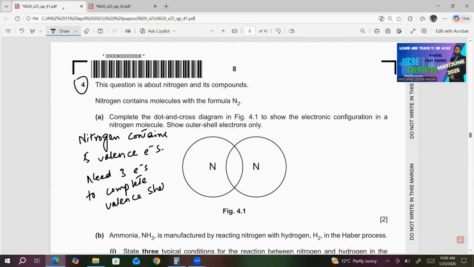So these both will share 3 of their valence electrons with each other. Remember, you have to show all the valence electrons. For the nitrogen atom on the right hand side, I'm using crosses, 1, 2, 3, 4, 5. For the nitrogen on the left hand side, 1, 2, 3, 4, 5.